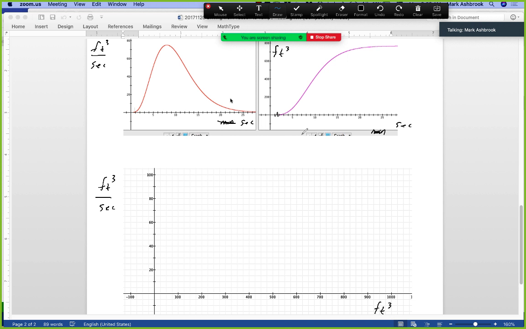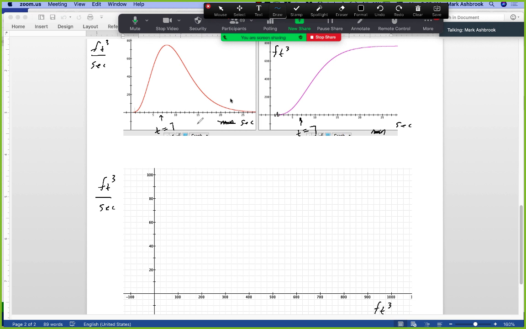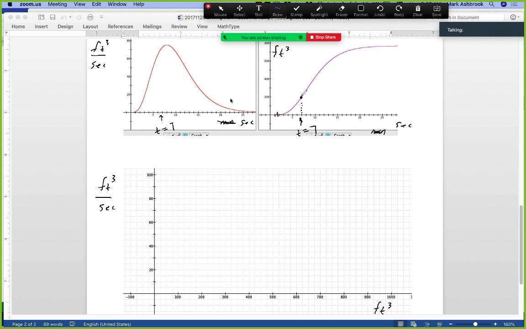Okay, so what I hear you saying is pick a time. 7. And now I can use the graph to get the correspondence of amount and rate at t equals 7. So there's the point for t equals 7 for the amount. Here's the point for t equals 7 for the rate.